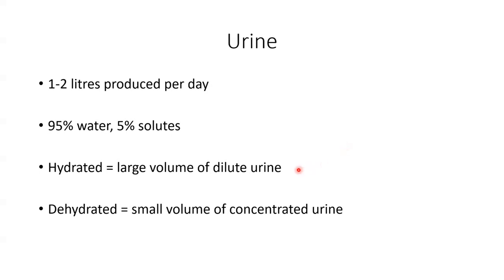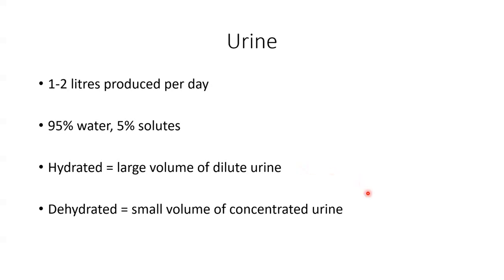So in a person who is well hydrated, whose kidneys are functioning normally, a large volume of dilute urine will be produced. So dilute means that there's a higher percentage of water and a lower percentage of solutes. So you have dilute urine when you go to the bathroom, you urinate quite a lot, and that urine is quite pale or almost clear.